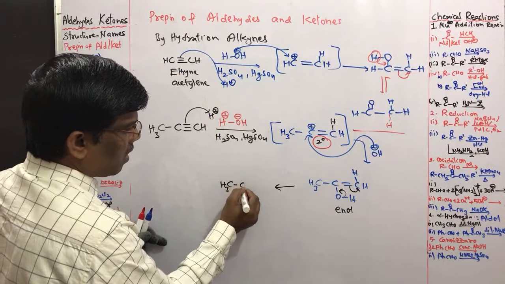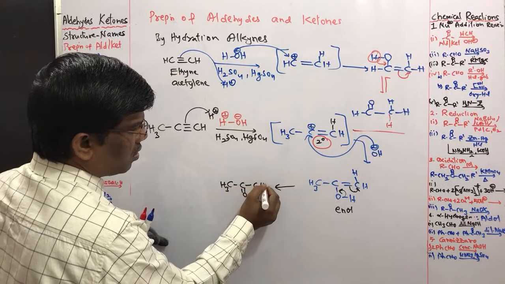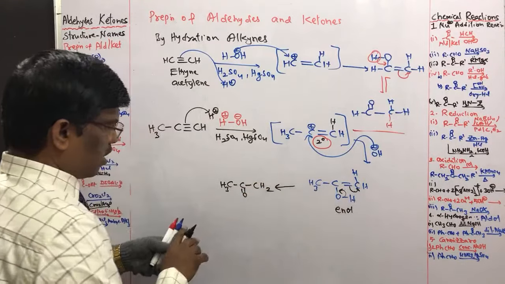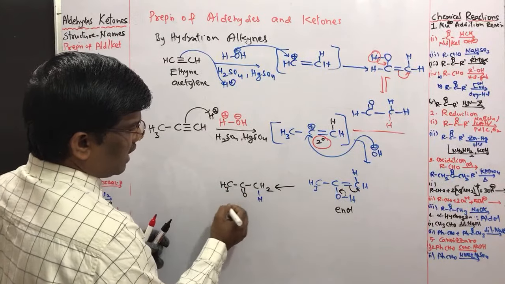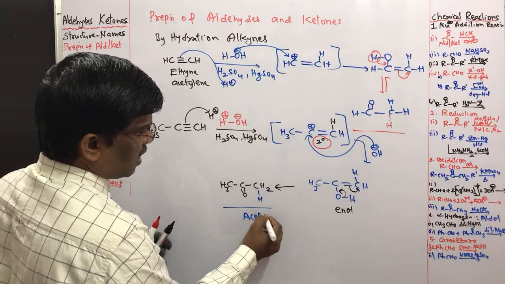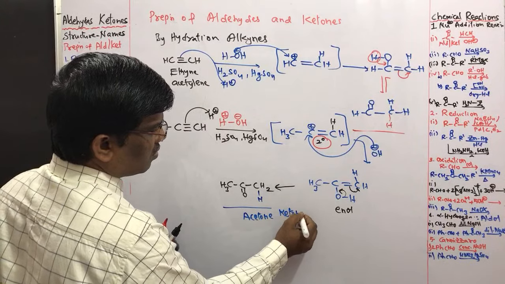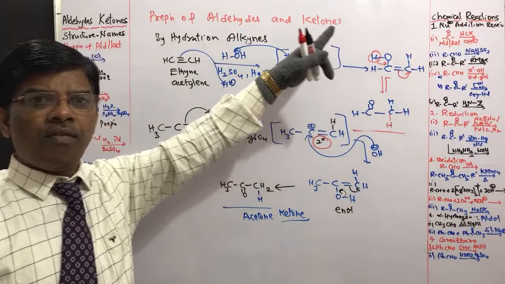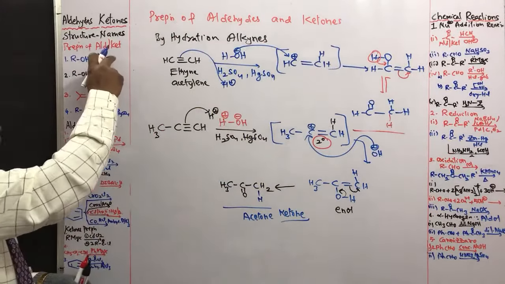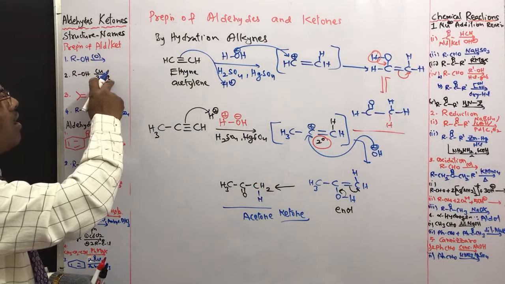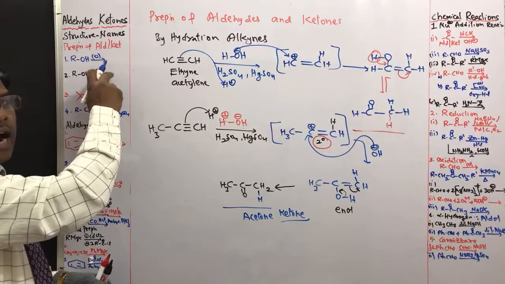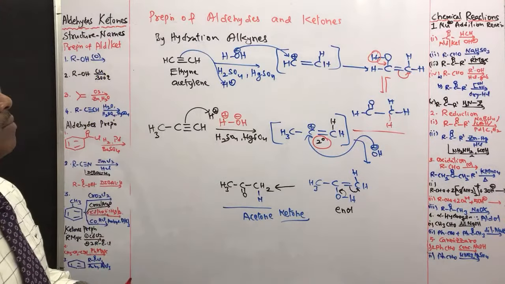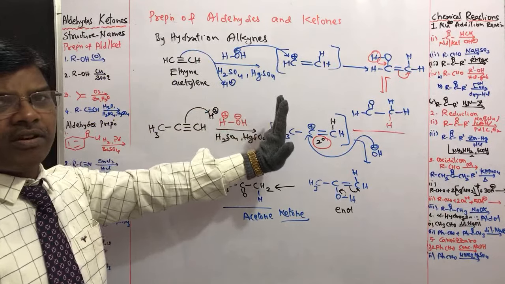CH3 C double bond O CH, with this hydrogen coming onto this. So now it is acetone, which is a ketone. This is how the common methods for the preparation of aldehydes and ketones can be followed: from alcohols by oxidation, alcohols passed over copper at high temperature, ozonolysis, and from alkynes.